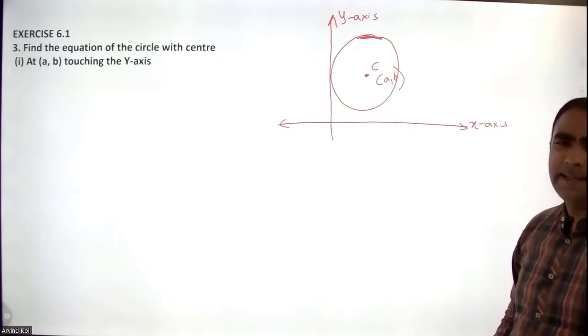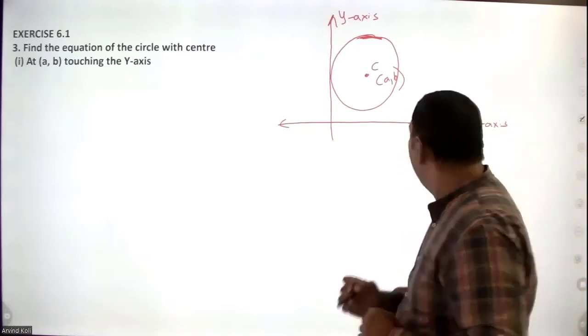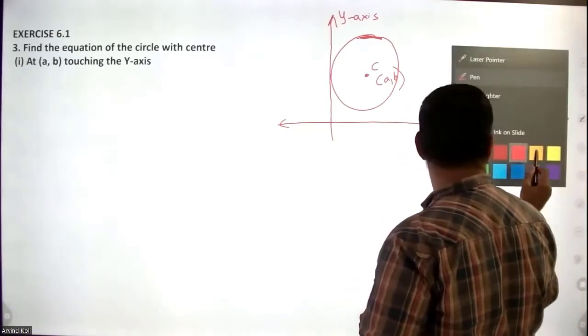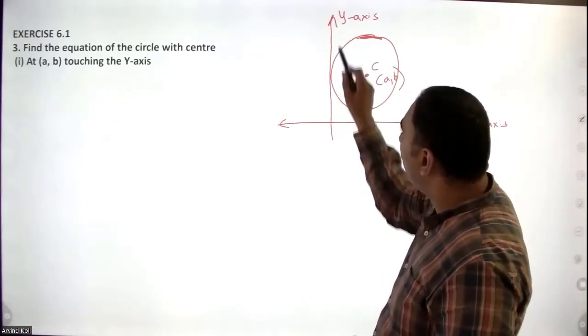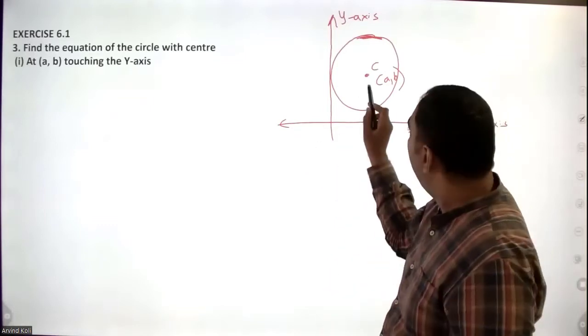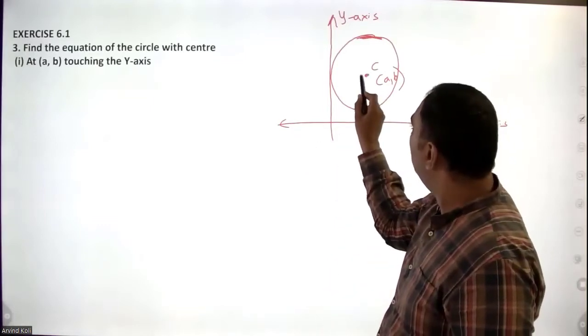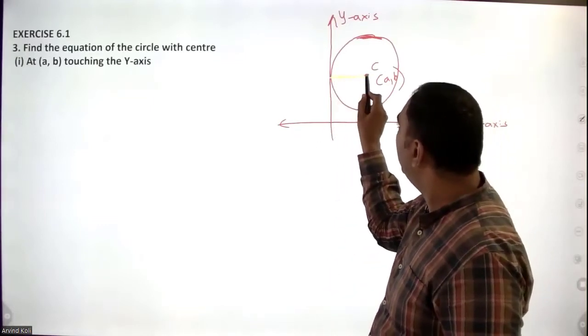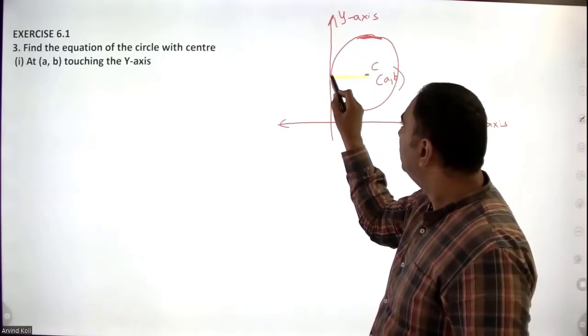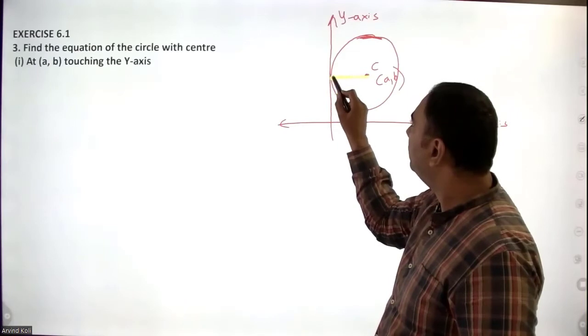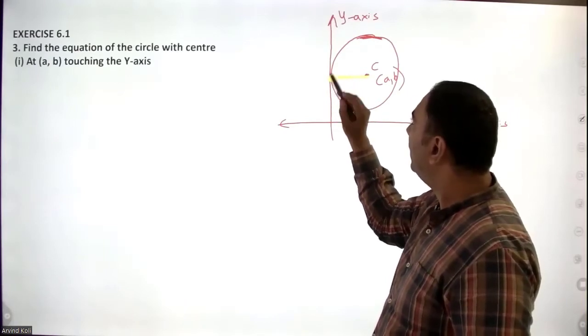नाउ स्टूडेंट, जो हमने डिस्कस किया था कंसेप्ट वो ये था दैट if the circle is touching the y-axis, y-axis becomes the tangent, and when I draw this particular radius which is to the point of contact, बराबर?